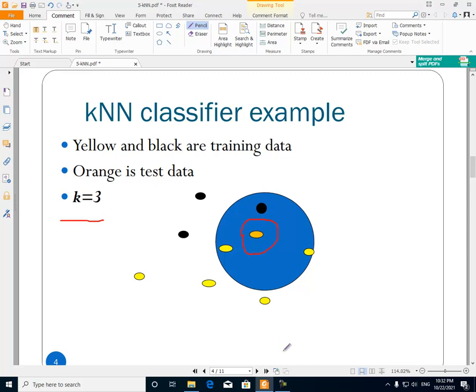So what we should do is calculate the distance between this test data and all the other data that we have.